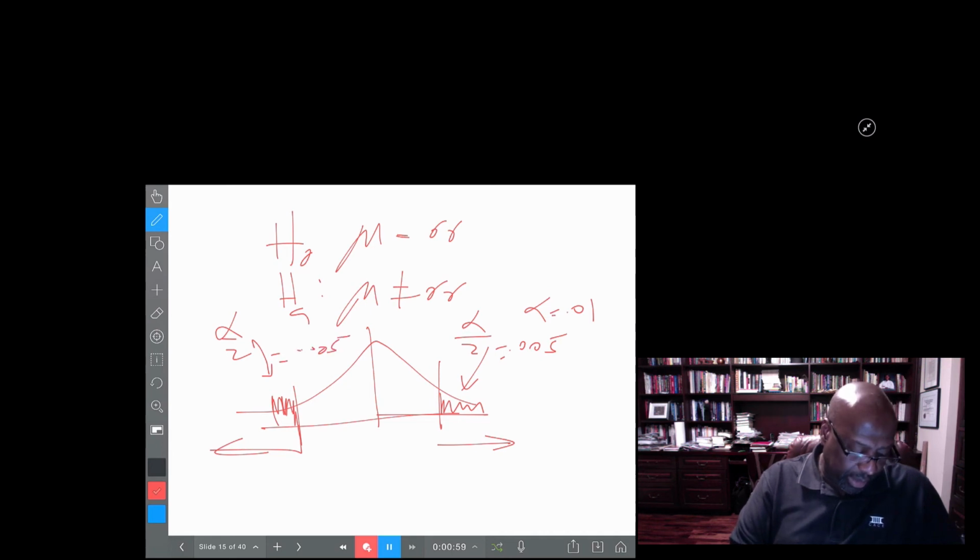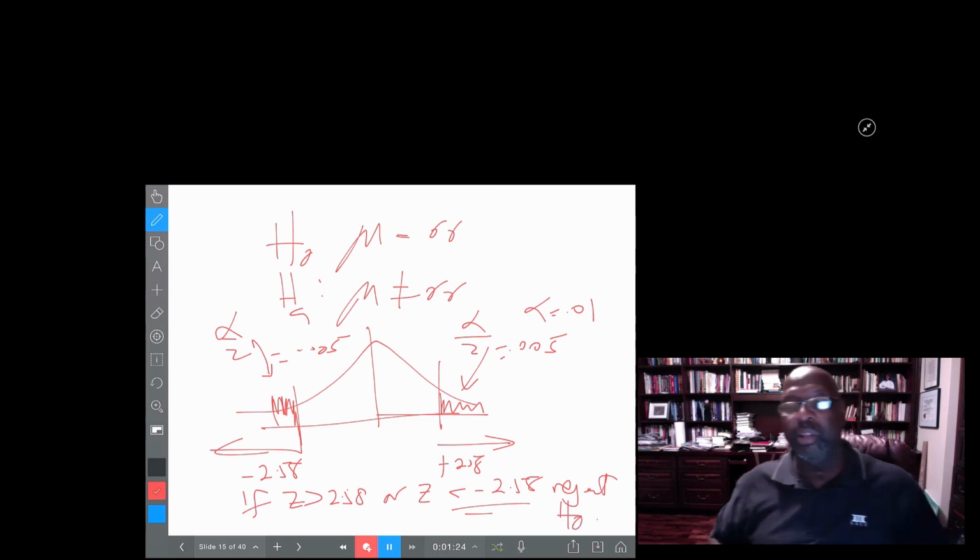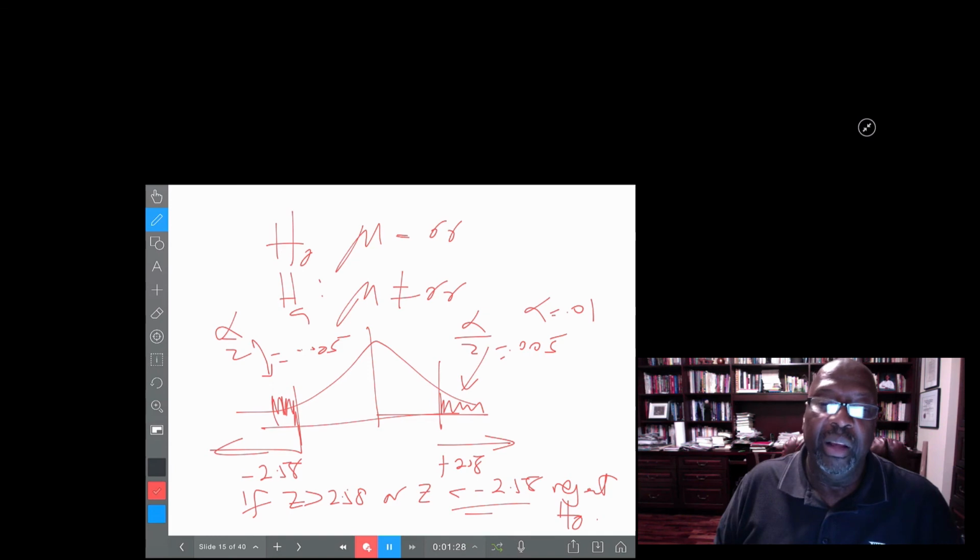It turns out that that's negative 2.58, positive 2.58. So now our rejection rule is, if Z is greater than 2.58 or Z is less than negative 2.58, we reject H0. Otherwise, we fail to reject. So that's really what the difference would be if I changed it from that.